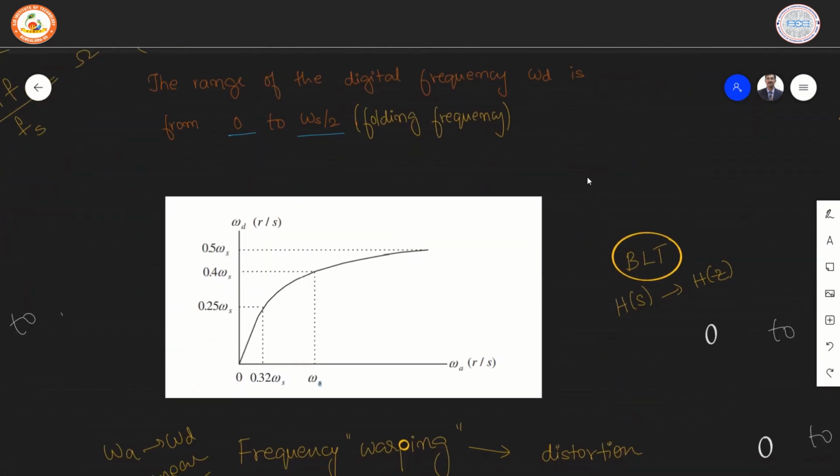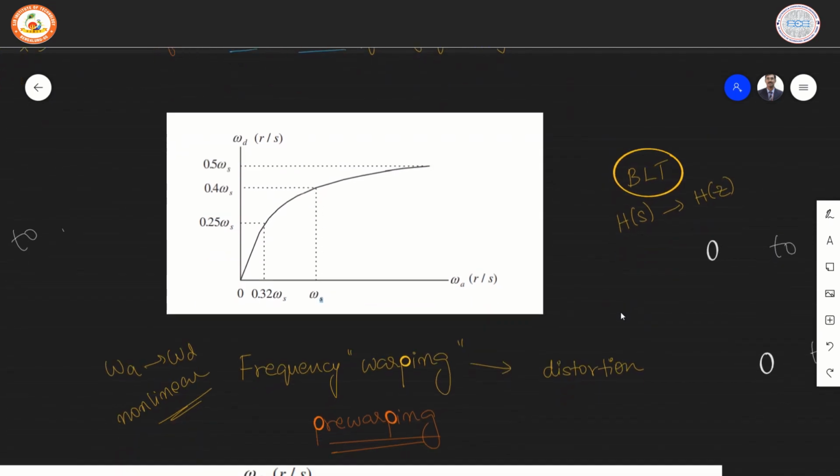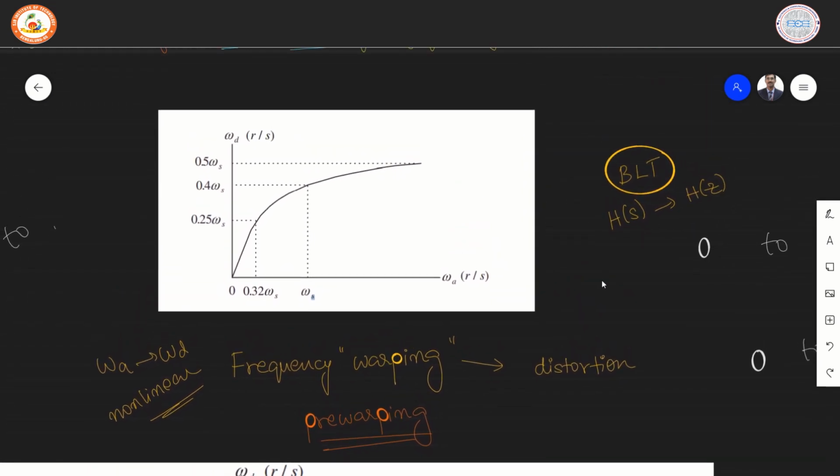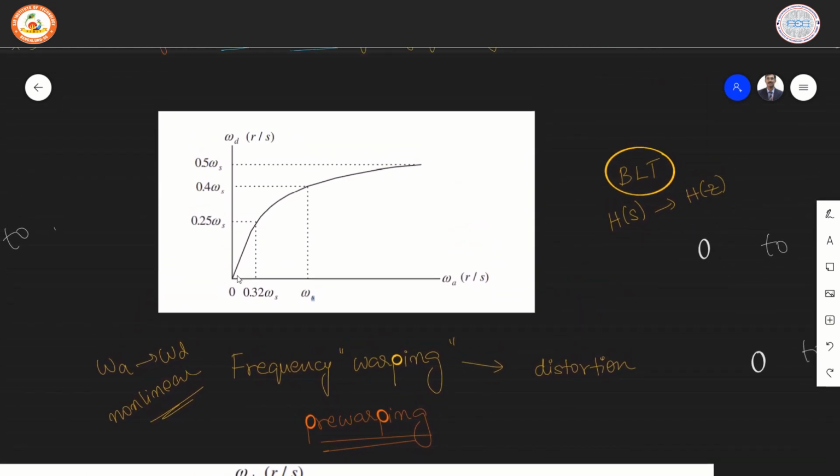Here's a plot of the relationship between omega A and omega D. What we observe in the diagram is that up to a certain point the relationship between the two is almost linear, but there is a region between 0.32 omega s and omega s which shows a bending. It is non-linear.